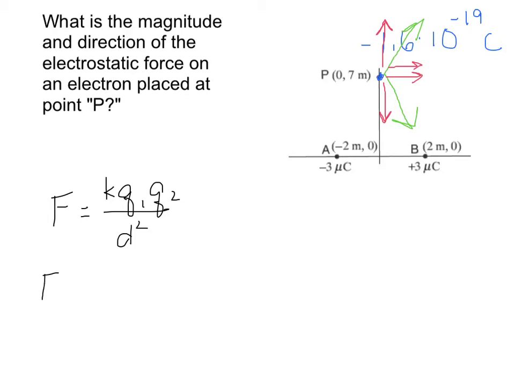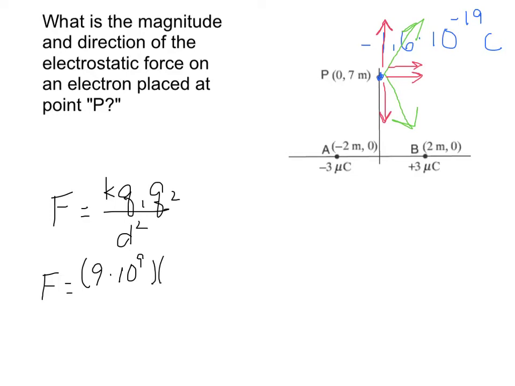It's going to be a tight squeeze to put in all the numbers here. I like to approximate K as 9 times 10 to the 9th. Easy to put into the calculator. And as long as all of my charges are put in coulombs and my distance is in meters, then I don't need to worry about putting the units on K. I might set that off with parentheses.